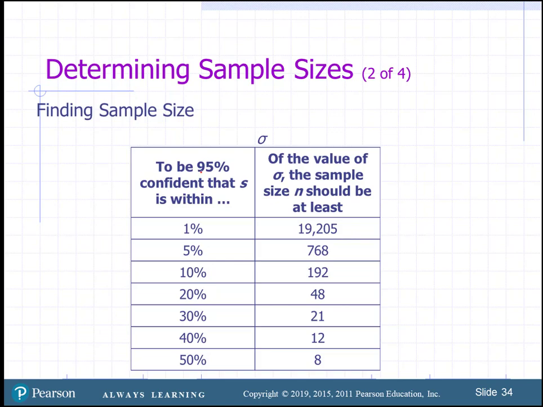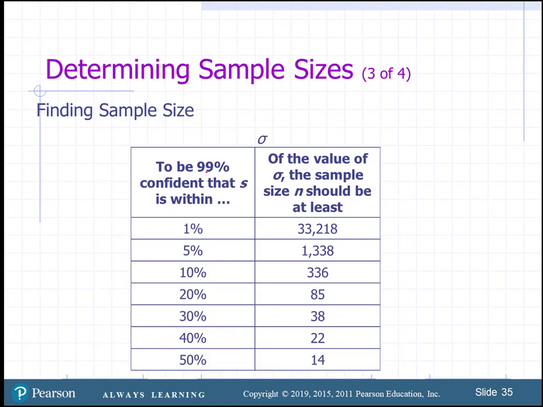If we want a 95% confidence interval, here is the table that we're using. If we want our standard deviation to be within 5%, we should have a sample size of at least 768.